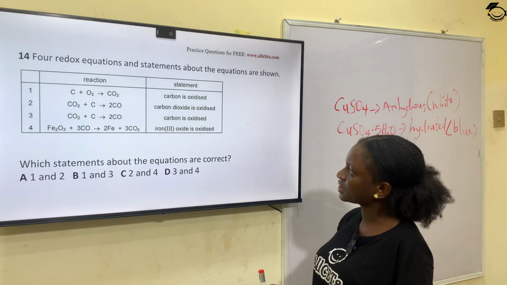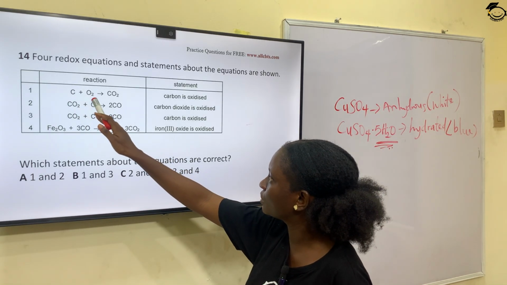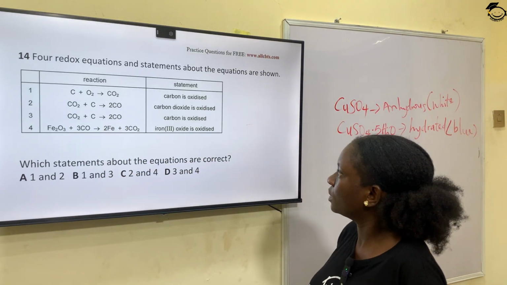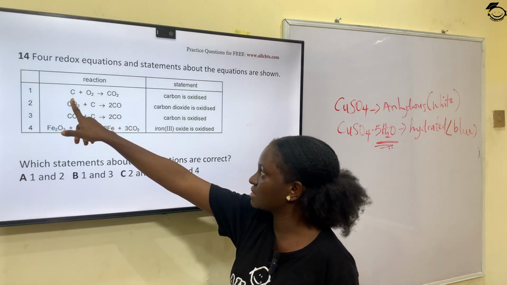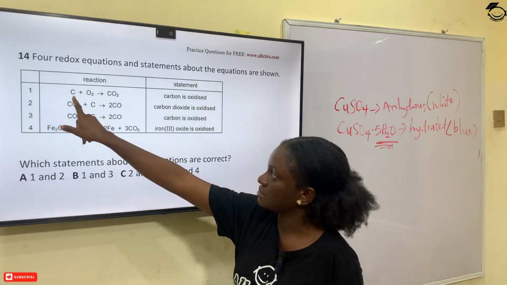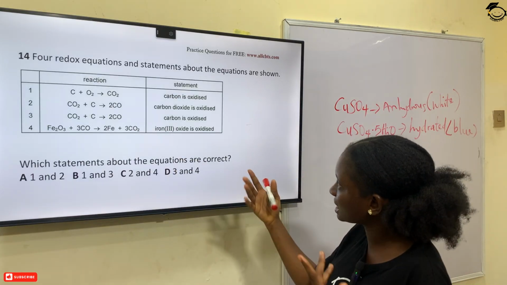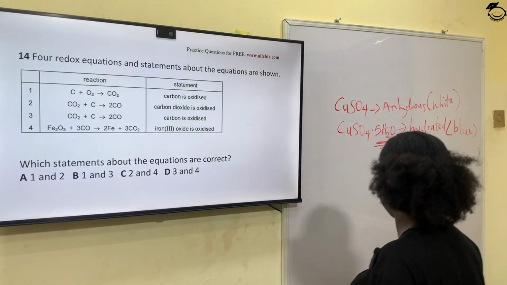Looking at this, we have carbon plus oxygen to give CO2. The oxidation state of carbon here is 0. But let's calculate the oxidation state of carbon in CO2.